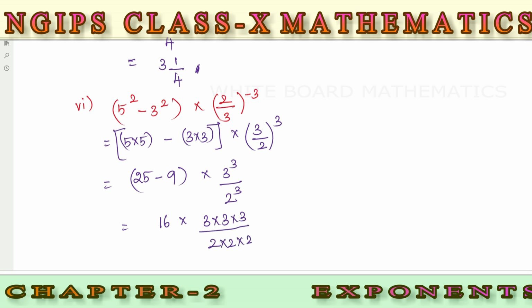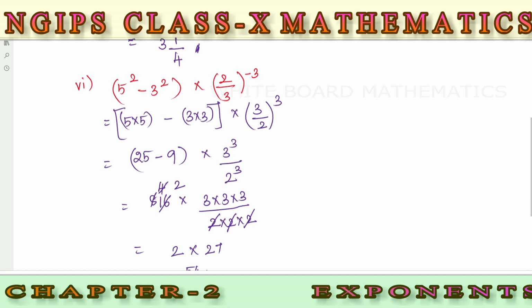So 1 2 is 2, 8 2s are 16, 1 2 is 2, 4 2s are 8, 1 2 is 2, 2 2s are 4. So the final answer: 2 into 3 3s are 9, 9 3s are 27, 2 into 27 gives 54. So 54 is the final answer. Next we will move to the next one.